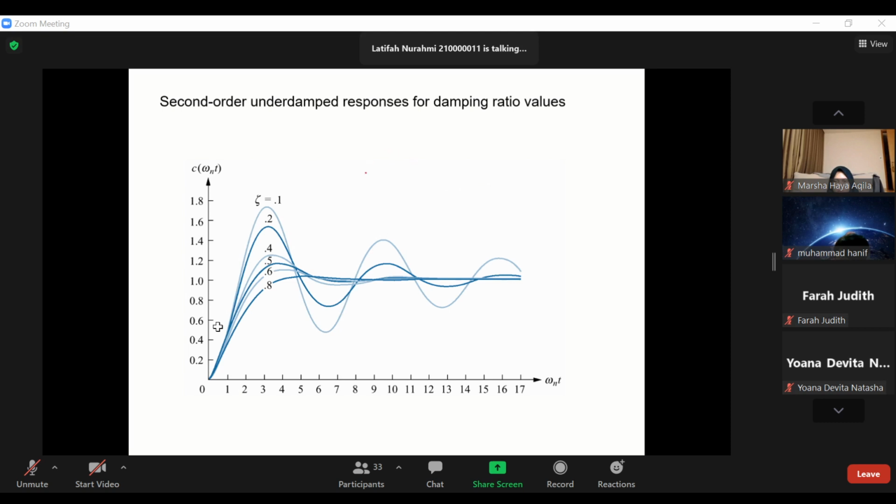There was one student studying a car, a final project, tugas akhir, about a car. A simple question: this car is moving with some velocity to the right, and it has a drag force, friction, and so on.